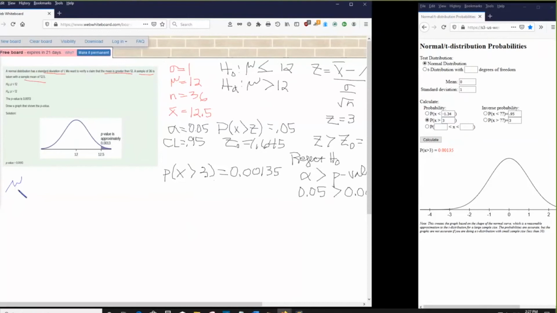If I take my given mean of 12 and my standard deviation as the population standard deviation divided by the square root of the sample size, in this case 1 divided by the square root of 36, which is 0.166, then you could also find the probability that x is greater than the sample mean of 12.5, and that's going to give you the exact same calculation.